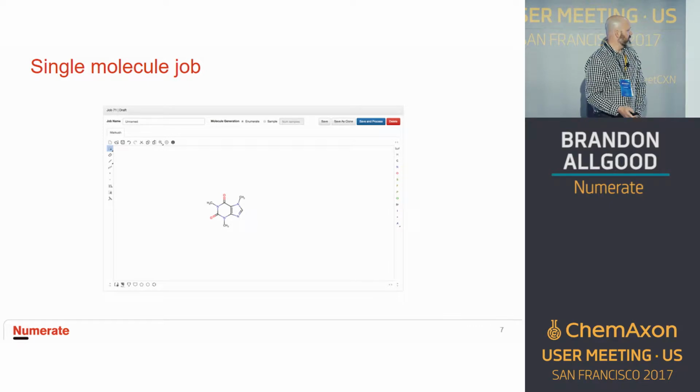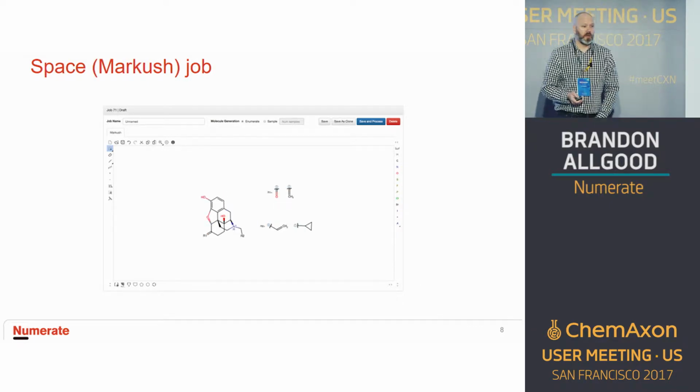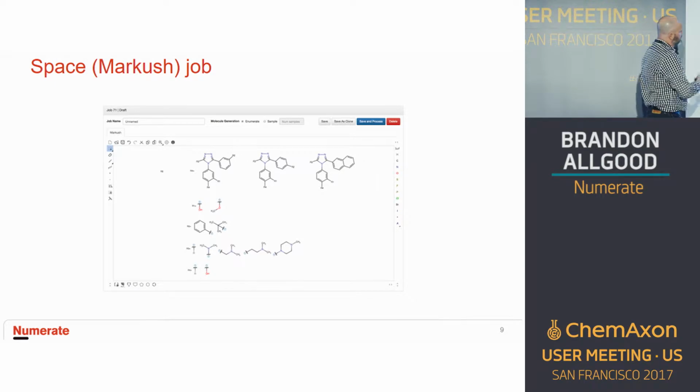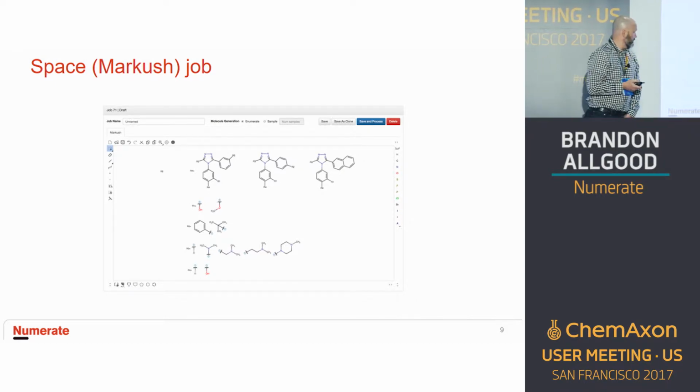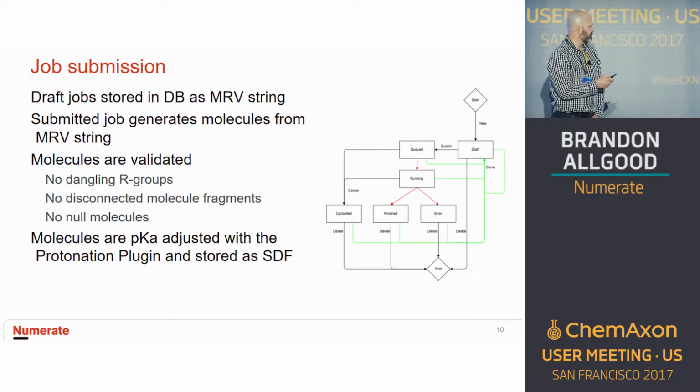So, you can enter in single molecules, or you can enter in Markushes. You can get pretty complicated, even in just the Marvin.js editor. This space has about 100 different molecules encoded within it.